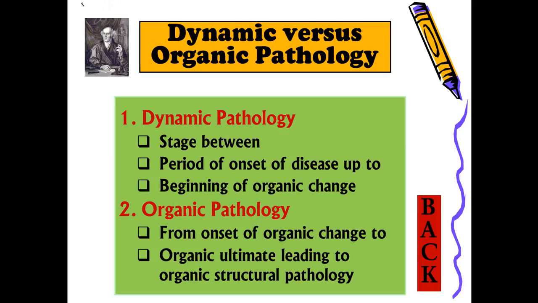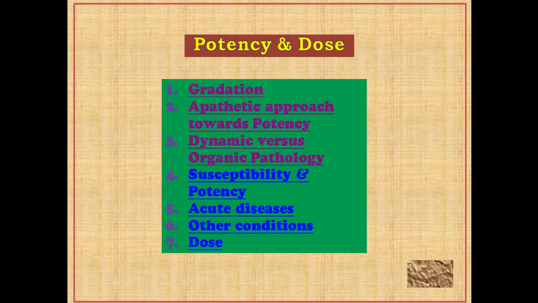So we have to keep in mind that there is a dynamic pathology and there is an organic pathology. So when you talk of which potency to give, first of all try to conceptualize in which state the person, the disease for whom you want to prescribe is, whether in dynamic pathology state or organic pathology state.